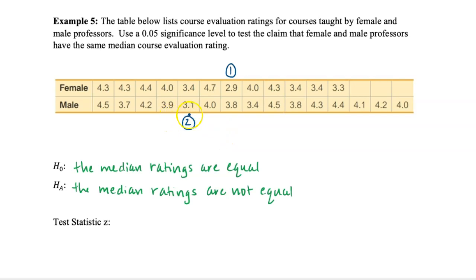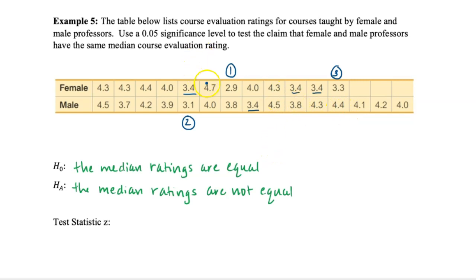I'm looking for the next largest value. That's going to be a 3.3. I only see one 3.3, so that's going to be a 3. Next I've got 3.4, but I have 1, 2, 3, 4 3.4s.